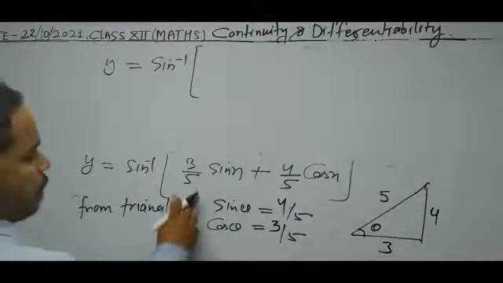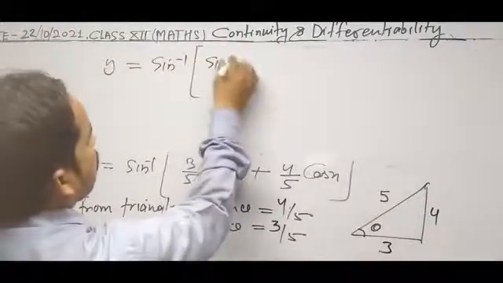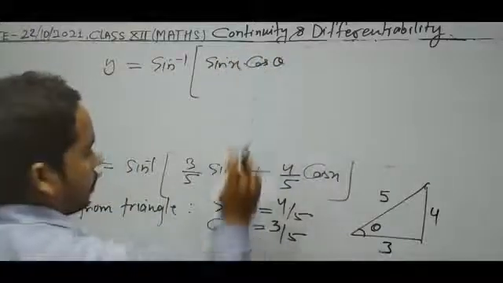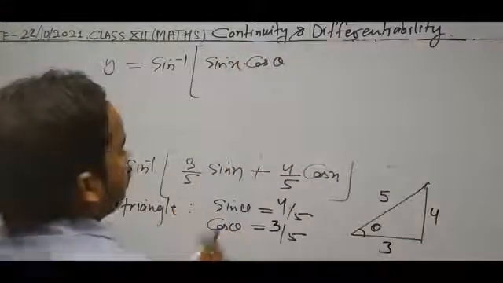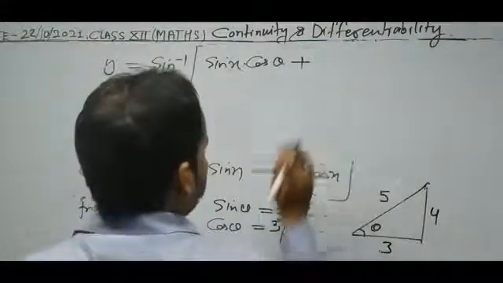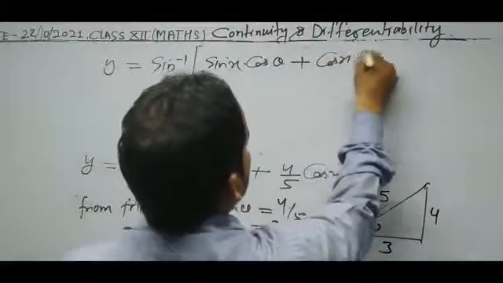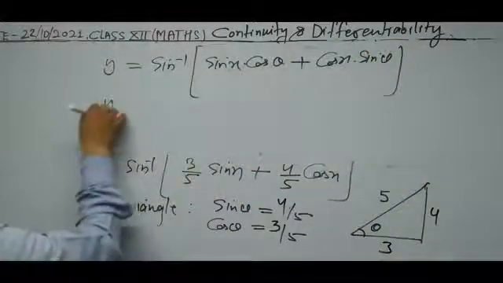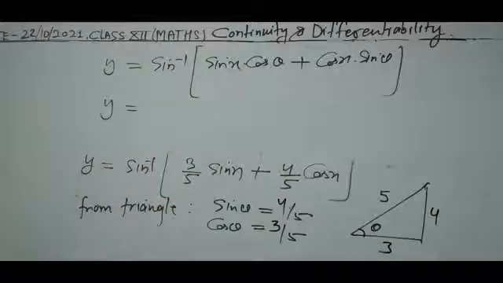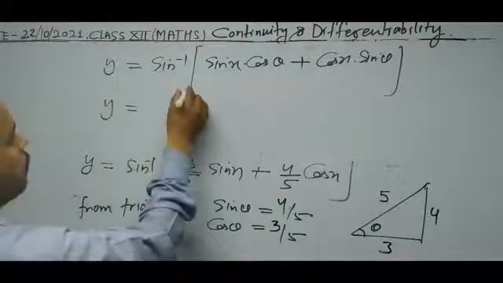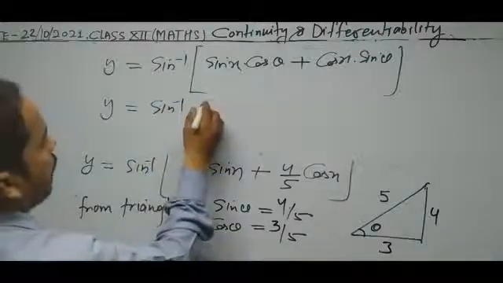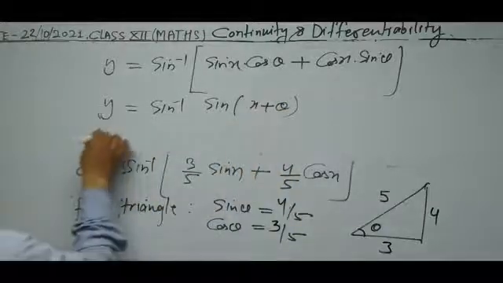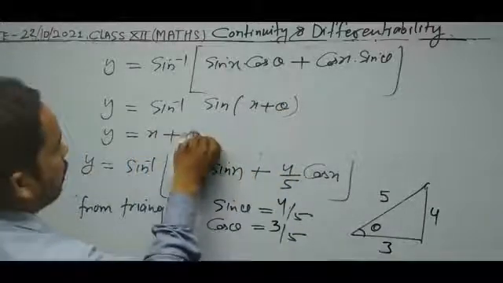So in the triangle 3 by 5 we can write sin x into cos theta plus cos x into sin theta, and this one we can write y is equal to sin inverse of sin of x plus theta. So y is equal to x plus theta.